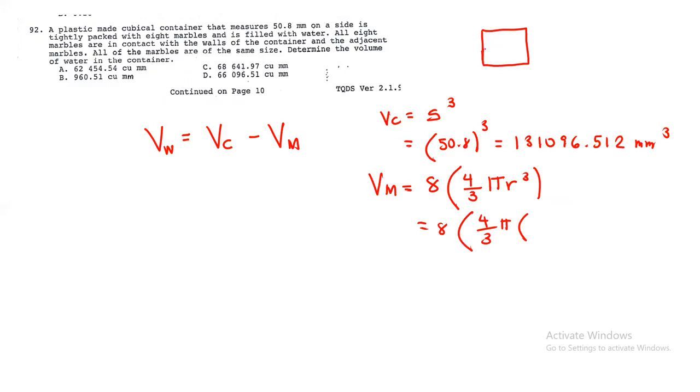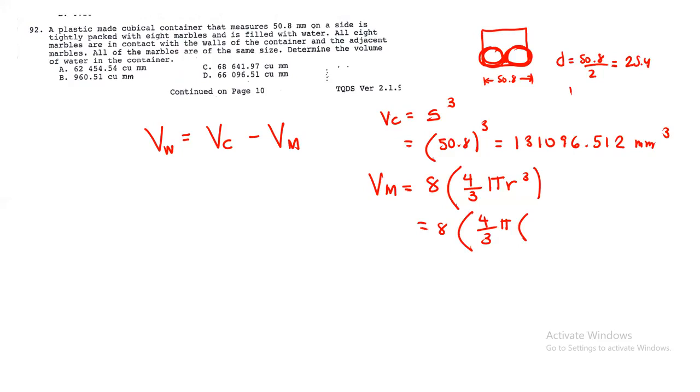So ito yung pagkakaayos niya, no? Ito yung dalawang marbles. Ibig sabihin, kung yung side natin is 50.8, so ang diameter ng isang marble is equals to 50.8 divided by 2. So 25.4 mm ang isang diameter.